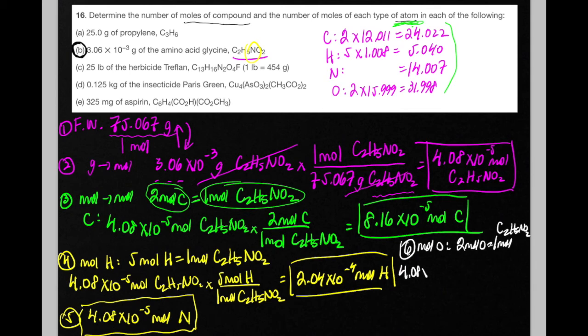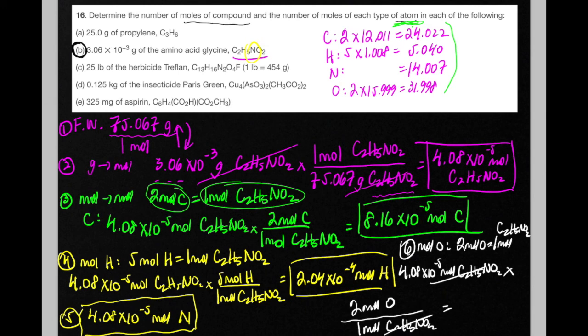So when we set this up, it's going to look like this: 4.08 times 10 to the minus 5 moles of C2H5NO2, multiply by 2 moles of oxygen on top and 1 mole of the C2H5NO2 on the bottom, right?